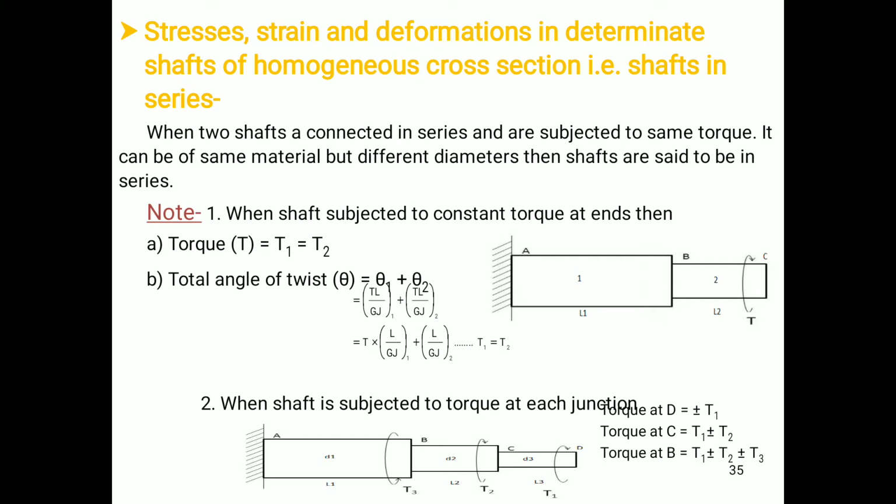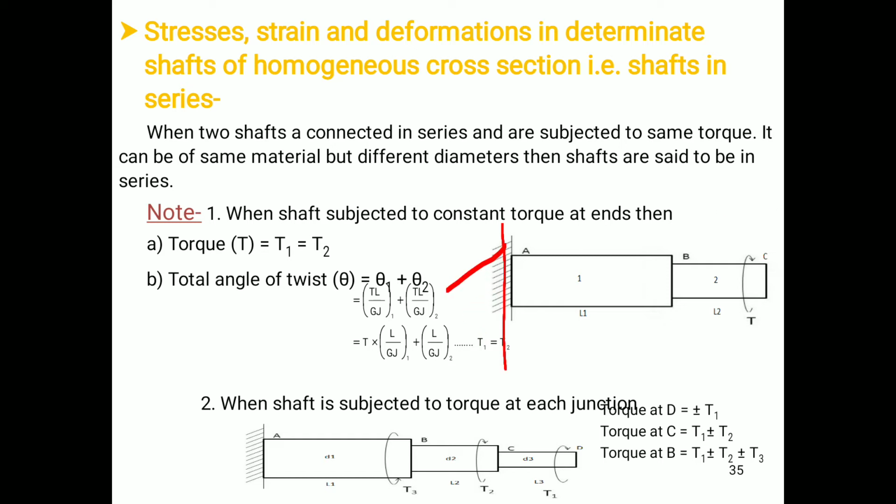But as the total torque is carried by both shafts, we have T as a common factor. So the final equation will be this one. Remember that this is the case for a shaft when it is subjected to torque at its free end. This is the fixed end and this is the free end.